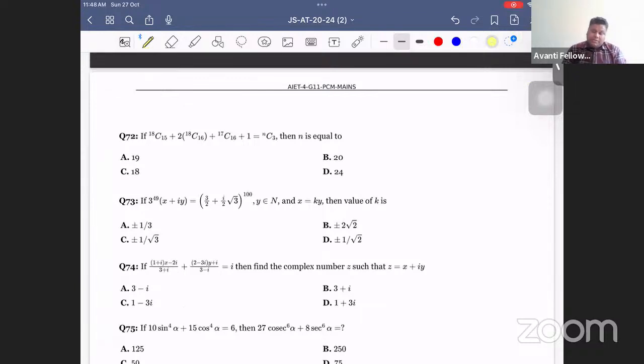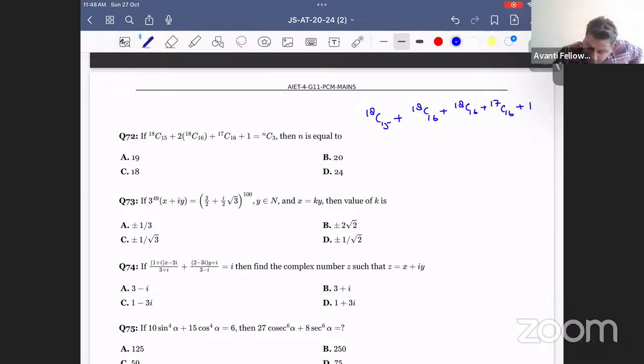See this question. This is a simple question. This is 18C15 + 18C16 + 18C16 + 17C16 + 1. Correct?